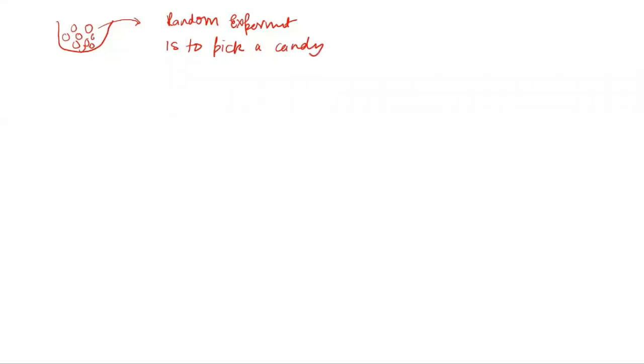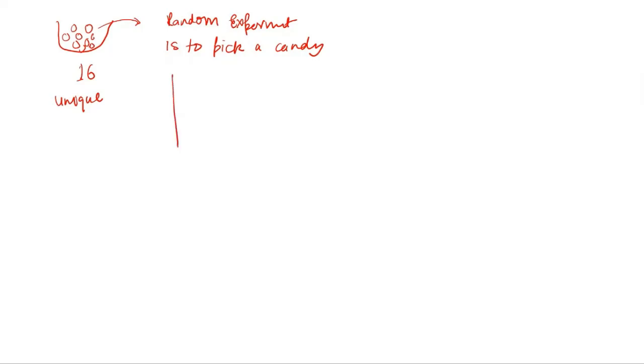Each outcome would be that you picked a particular candy. Suppose there are 16 candies, and each is unique. You can number them or put some marks to tell them apart. Each picking of a candy would be one outcome.